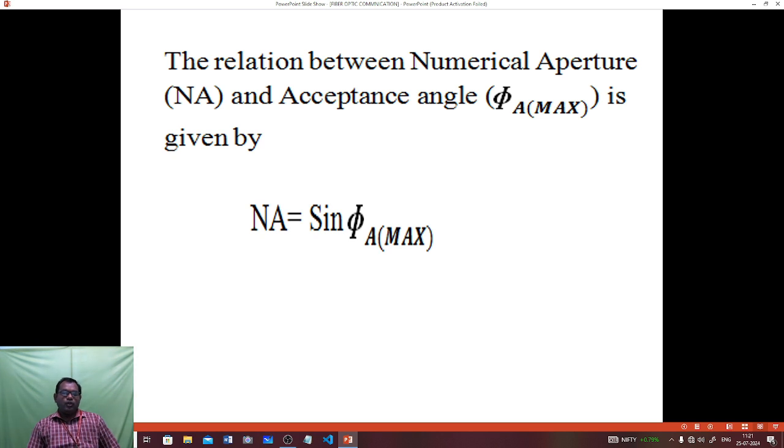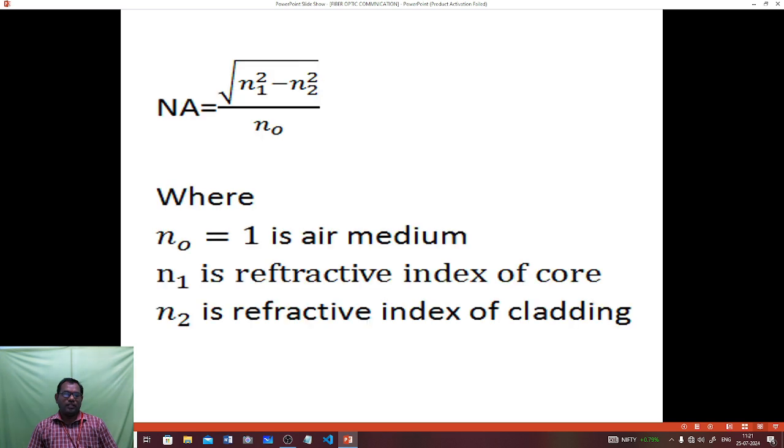The relation between numerical aperture and acceptance angle is given by numerical aperture equal to sine phi a. This is the formula for the relation between numerical aperture and acceptance angle. So numerical aperture is equal to the square root of n1 square minus n2 square divided by n0, where n0 is equal to 1, that is the air medium. n1 is the refractive index of core, n2 is the refractive index of cladding.